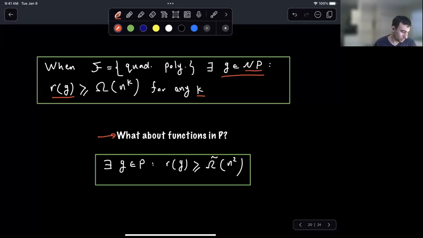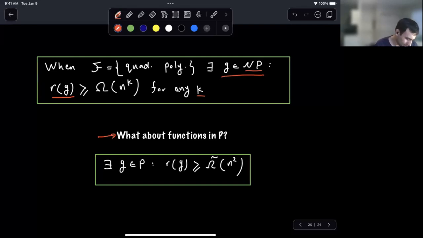And there was no known function in P for which the number of terms you need is superlinear. But an immediate consequence of our result on stabilizer rank is that there is a function in P such that you need at least n squared quadratic terms to represent that function.